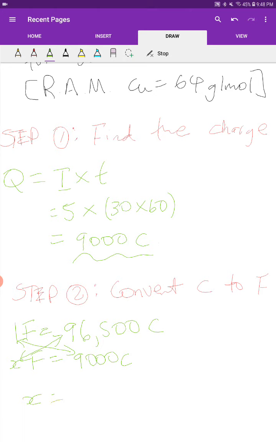So X is going to be 9,000 divided by 96,500. And that is going to give us 0.1 Faradays.